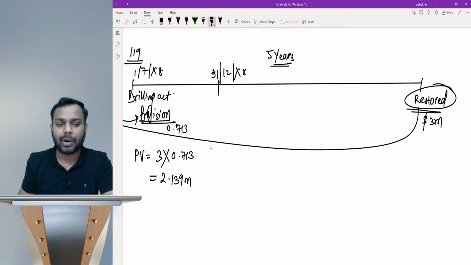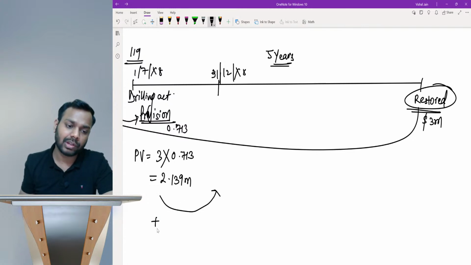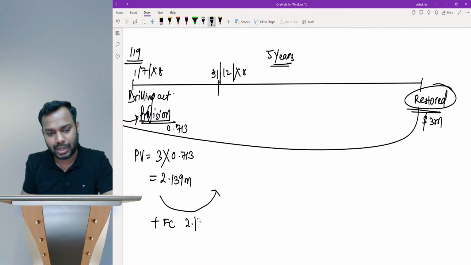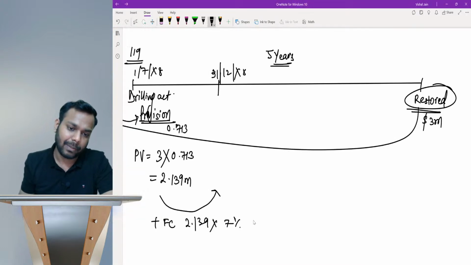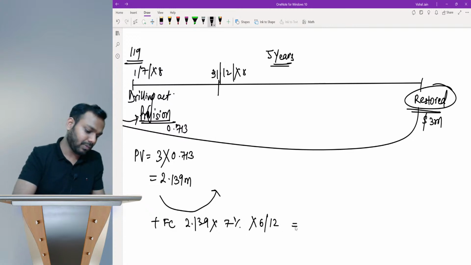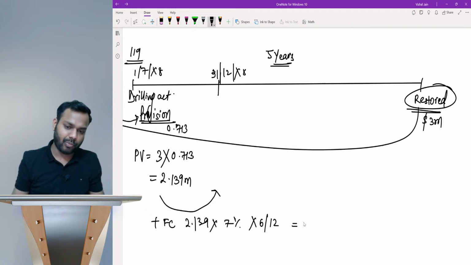This amount of 2.139 is on 1st July 2008, right? So you have to unwind it and bring it to 31st December. How will you bring it? Charge finance cost. How much? 2.139 multiplied by, what is the rate of interest? 7%. Multiplied by 6 by 12 is equal to 0.074865.